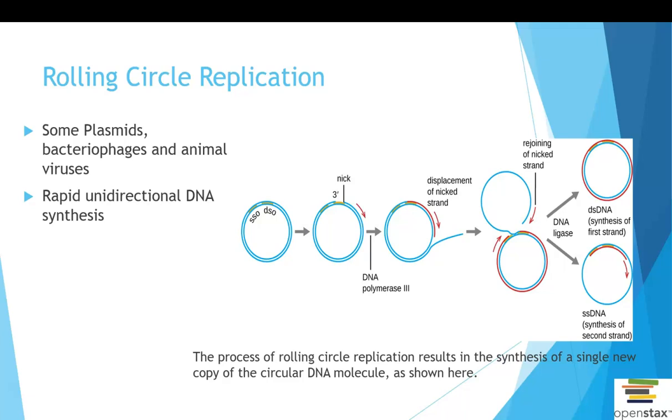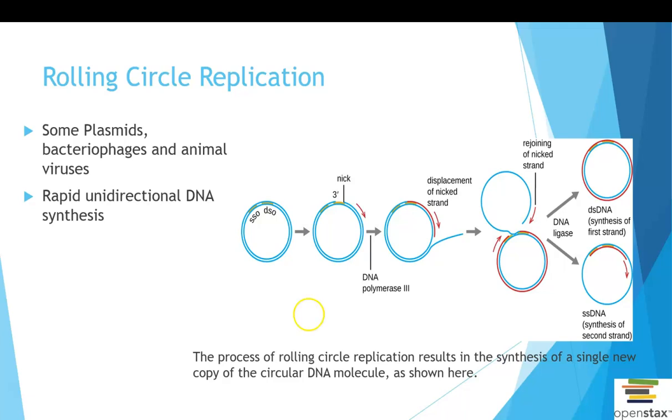And if you remember, we talked about how, plus the chromosomal DNA, we have some other DNAs in the cells. For example, in bacteria we have plasmids, small circular DNA, or bacteriophages or animal viruses, some of which have circular DNA.